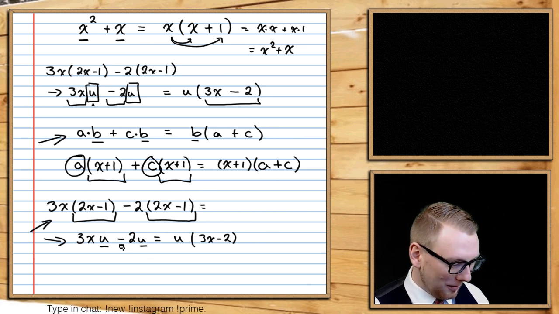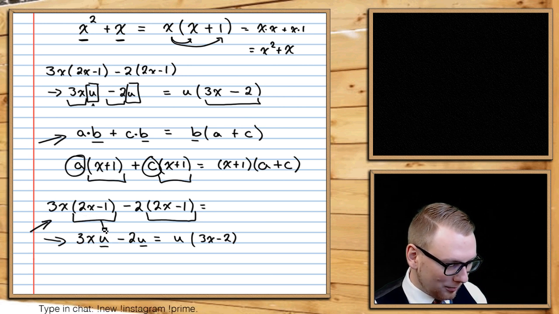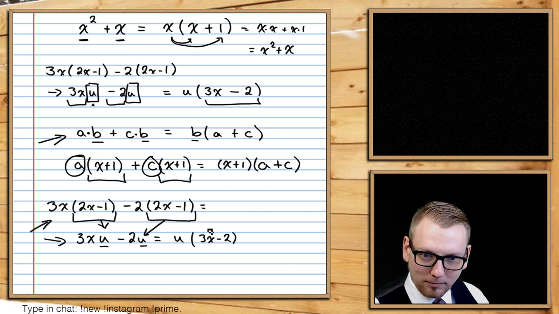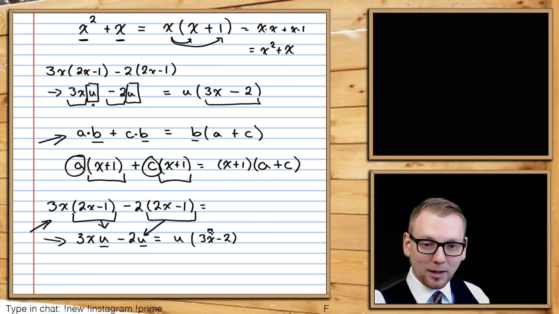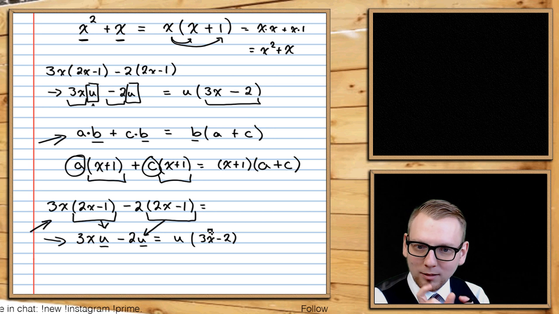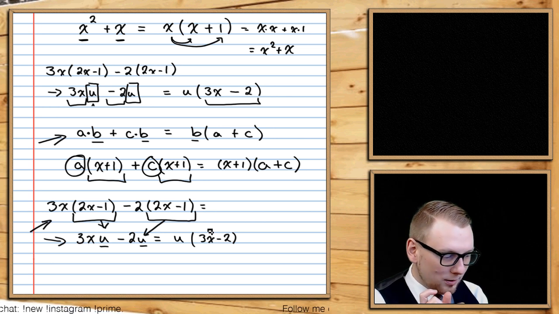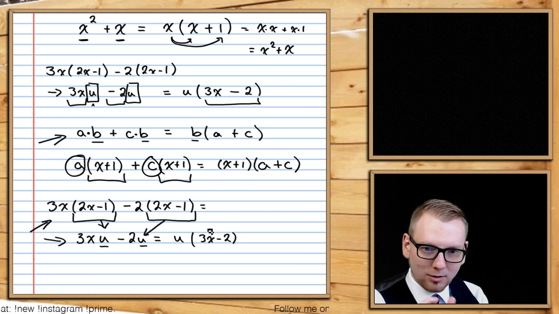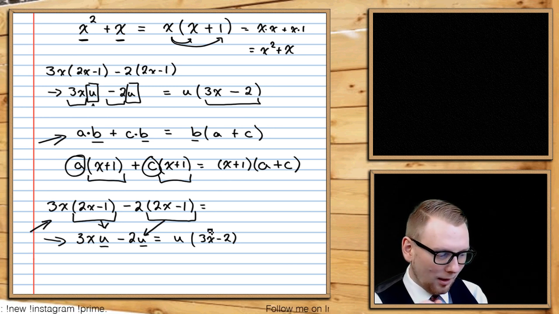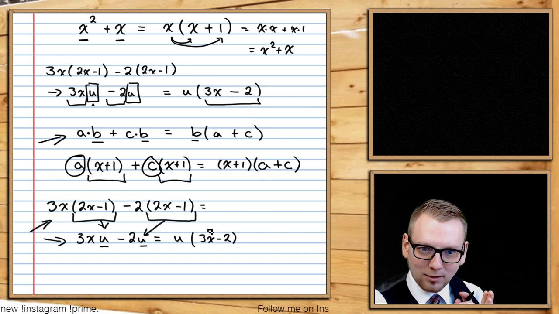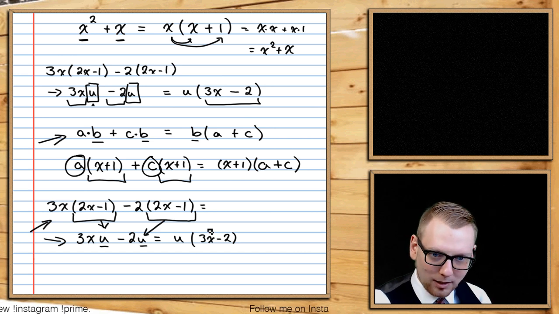See how I just did this right here? The whole thing, the whole 2x minus 1 is just the letter u. I'm just making it one letter so it's easier to see. We literally just pull out the 2x minus 1, and then what we have left is the 3x minus 2.